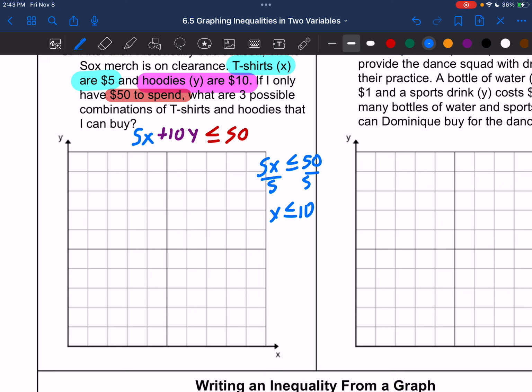So I could buy 10 t-shirts. If I bought hoodies, 10y is less than or equal to 50, divide by 10, y is going to be less than or equal to 5 hoodies. So based on that, I'm going to go by ones again as my interval, because that seems to work out pretty well for me. And this is hoodie.